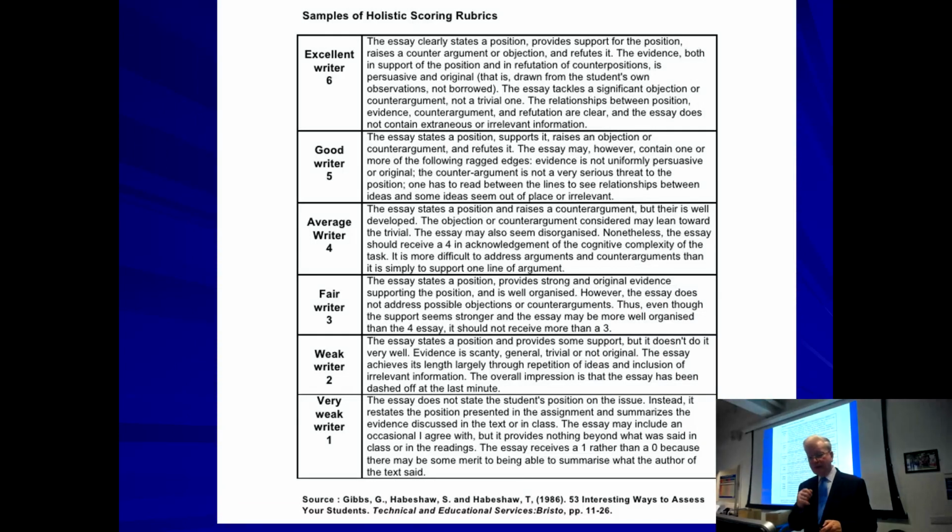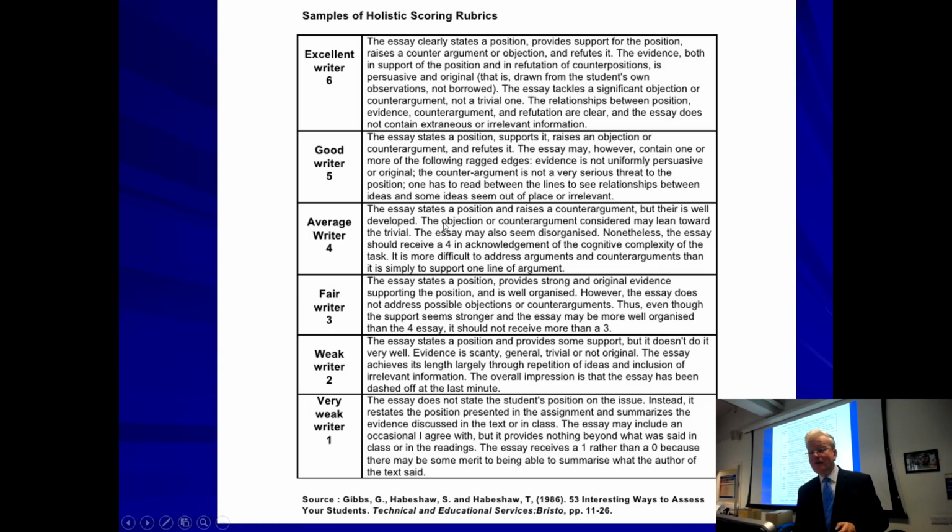So let's have a look there at a sample of a holistic scoring rubric. As you can see here, the person who designed this rubric scores from 1 up to 6, so there are 6 categories. For each of the examples of rubrics that I'm giving in this talk, I'm acknowledging the source along the bottom. Here, this is for marking an essay. The essay does not state the student's position on the issue, it restates the position presented on the assignment, so this is a very weak writer.